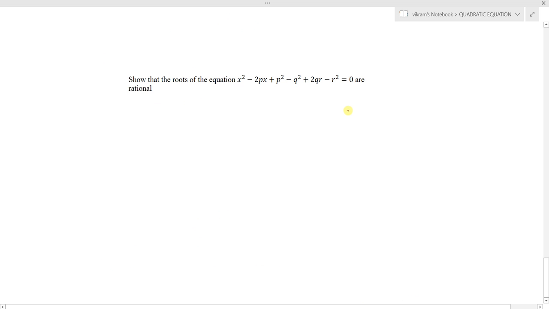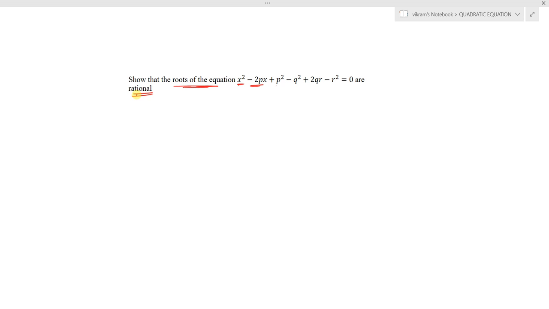The next question is, show that the roots of the equation x square minus 2px plus p square minus q square plus 2qr minus r square equals 0 are rational. What is given in the question is that the roots of the equation are rational. Again, it is based on the concept of the nature of the roots of a quadratic equation.